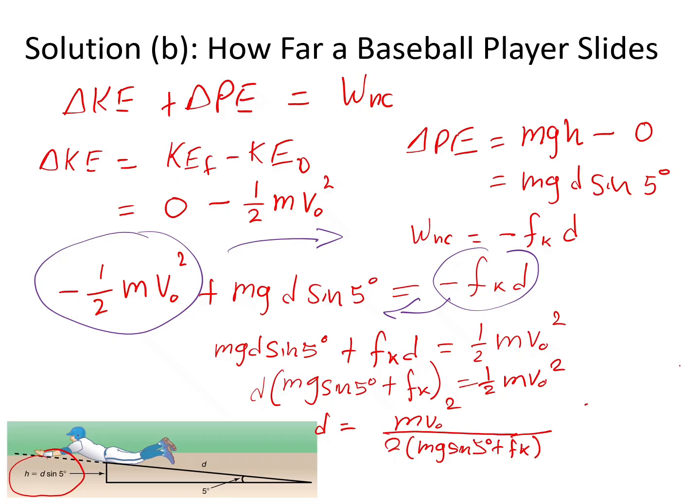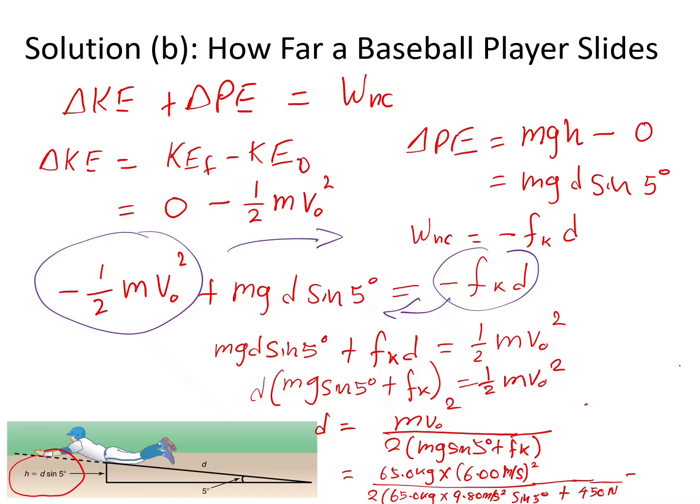And now we can substitute the values. So m is 65 kilograms times initial velocity 6 meters per second, squared, divided by 2 times (mass 65 kilograms multiplied by 9.8 meters per second squared times sine 5 degrees, plus frictional force 450 newtons).